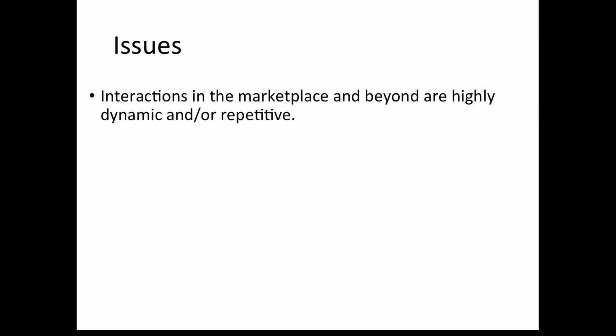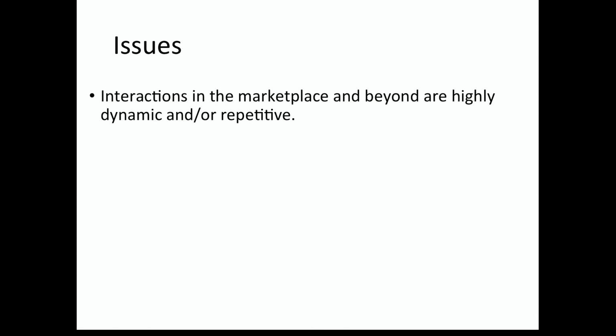If you take these e-commerce settings, Amazon or eBay, or these sponsored search settings, or Uber, and so on, the interactions in the marketplace are very dynamic, and there are many repeated interactions between agents. And these agents are uncertain about one another.